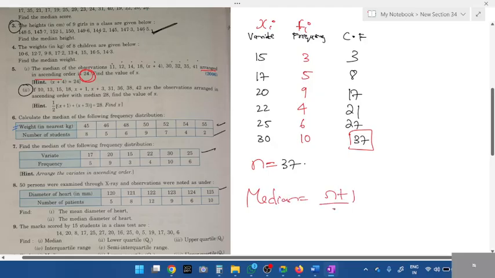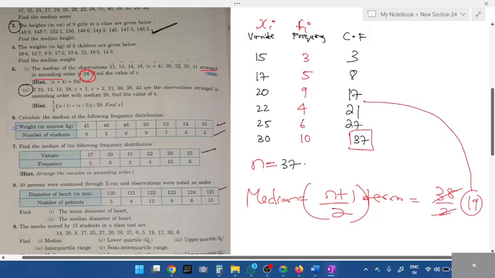Formula: (n plus 1) divided by 2 term. Don't write n plus 2 divided by 2 term. So 37 plus 1 is 38, divided by 2, the 19th term. What is the 19th term? Do you have 19 here? Which is greater? So 22 is the median. All of you understood?